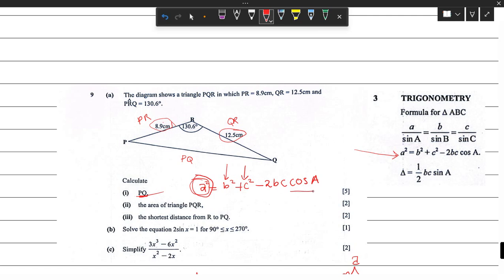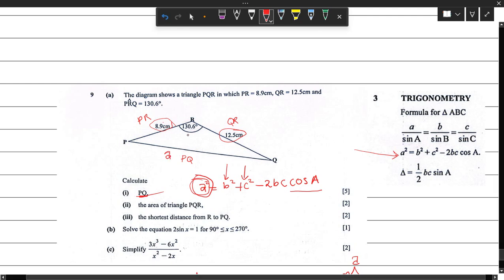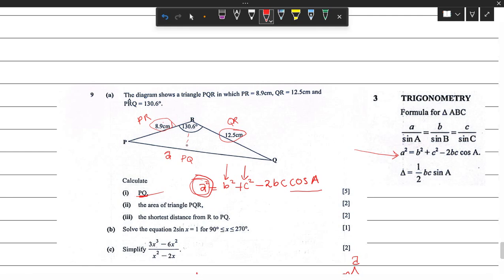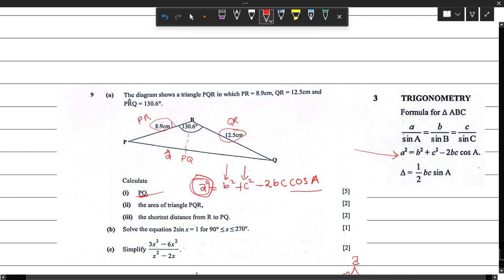And then this cos A is an angle which is directly opposite to the distance you want to find. So A is the distance which we are finding, which is here. If you look at this angle, it's pointing to where A is.